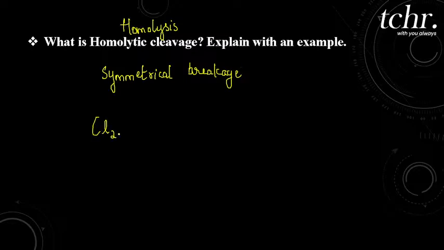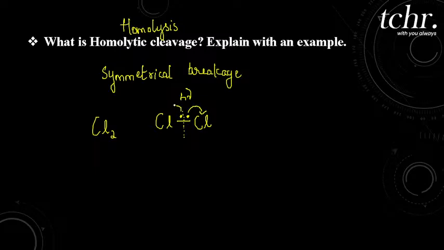Now, for example, students, what is Cl2? Chlorine molecule. Cl2 is nothing but Cl bond Cl, right? When photolysis happens in the presence of sunlight or any light, this covalent bond breaks symmetrically. What is a covalent bond? A covalent bond is formed by sharing of electrons. Two electrons make one covalent bond, right? When the bond is broken, each fragment gets one unpaired electron.